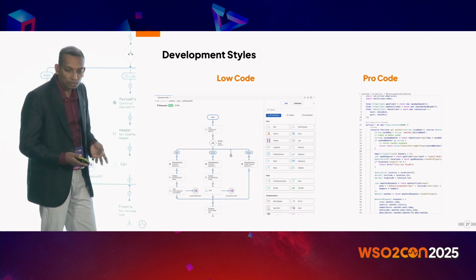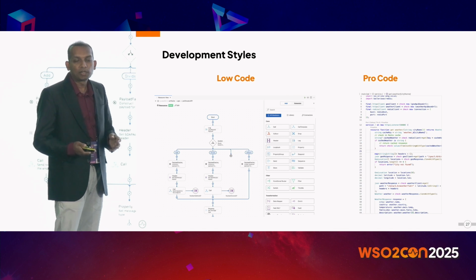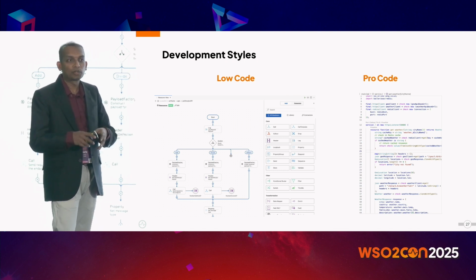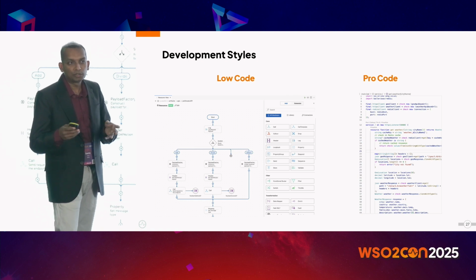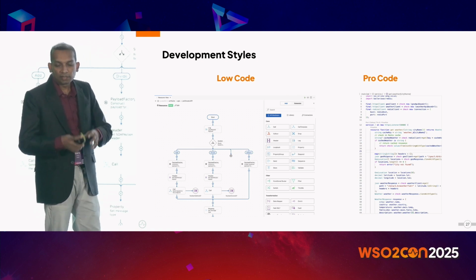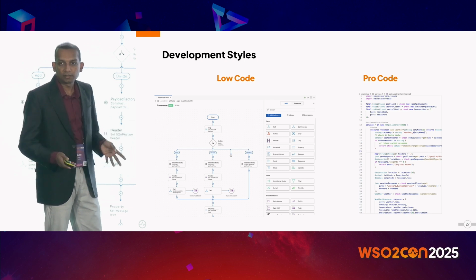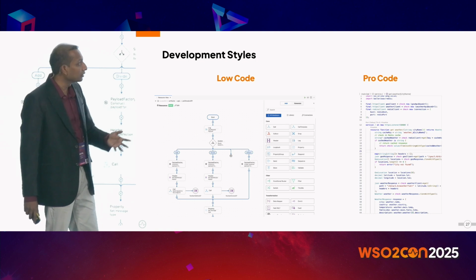You might not need to write code for the most part, but when you try to do more complex things, you might have to switch to code as well. Generally, 90% of the time you can stay in the low-code experience and get the integration configurations done.